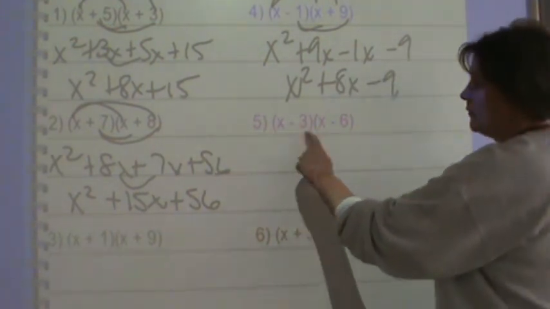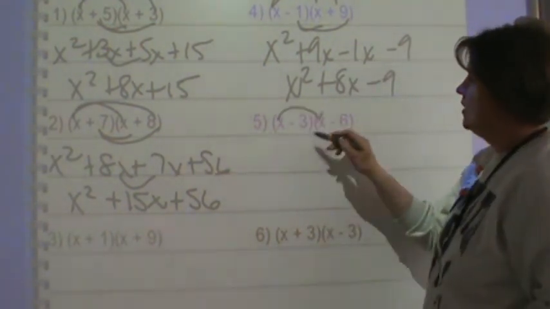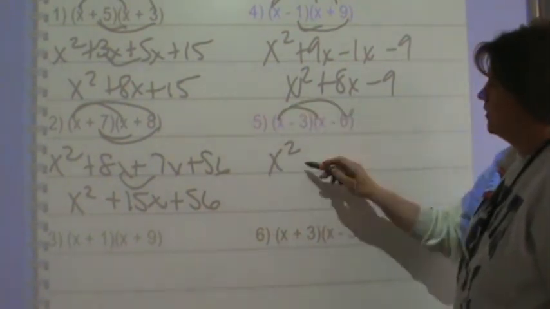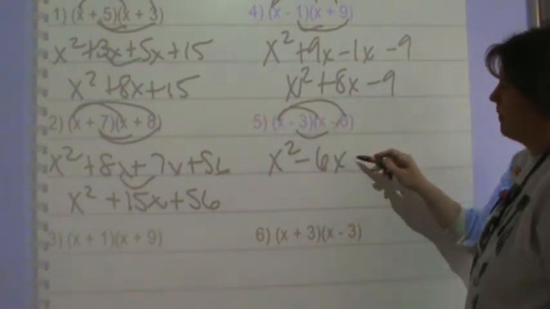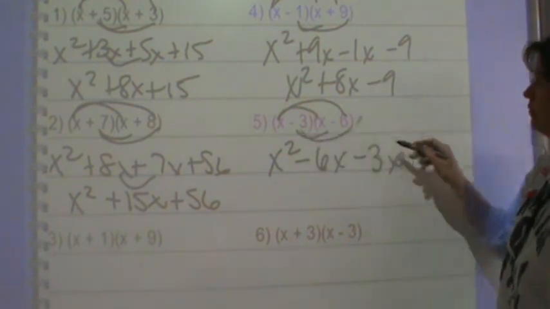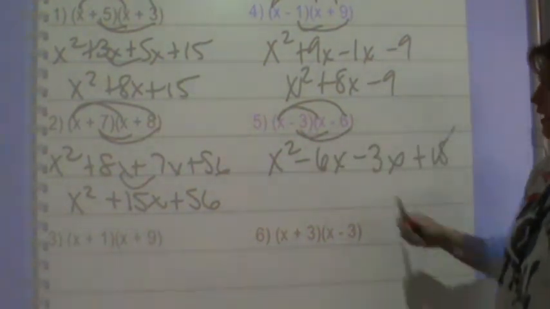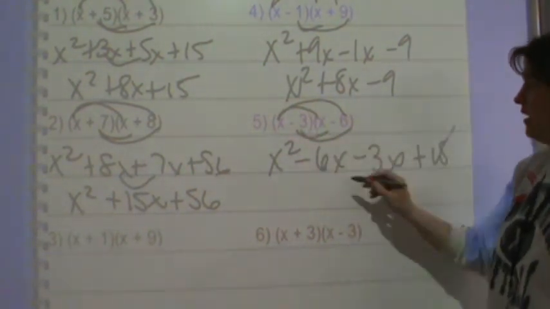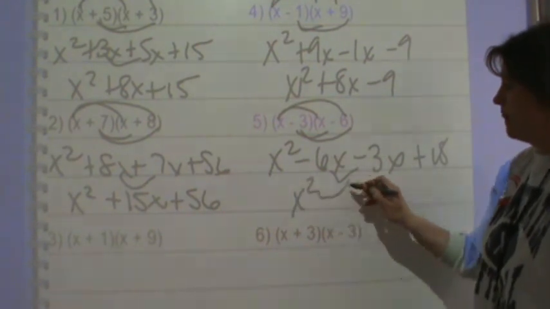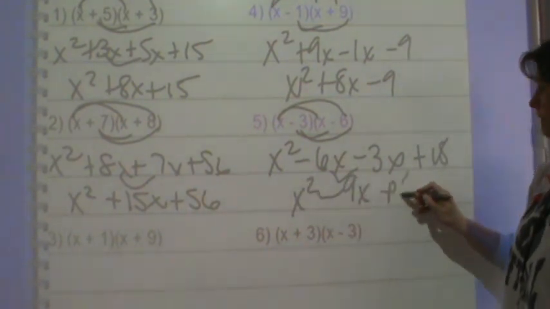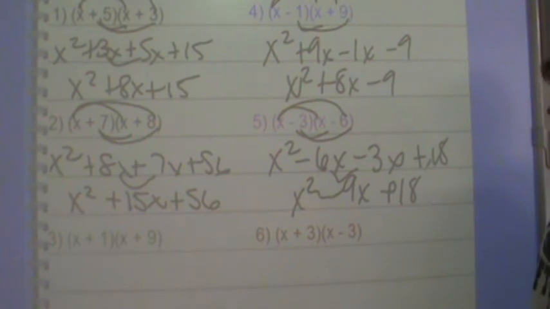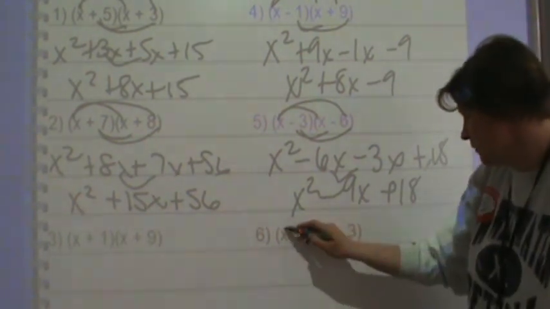Okay, this one we haven't had before. We got a minus minus. So x squared minus 6x minus 3x plus 18. Negative times a negative, right? Combine these together. This is an interesting one too. Let's do this one, last one.